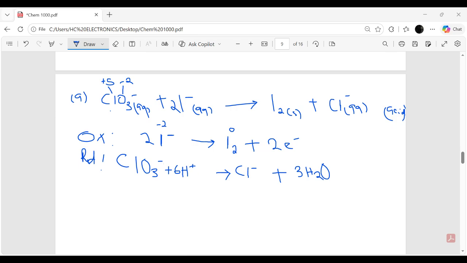You're free to ask. How do we know that the oxidation state of iodine is -2? Okay, so here we have a negative iodate. The overall here was -1, right?